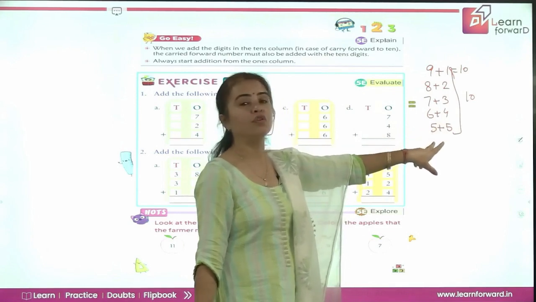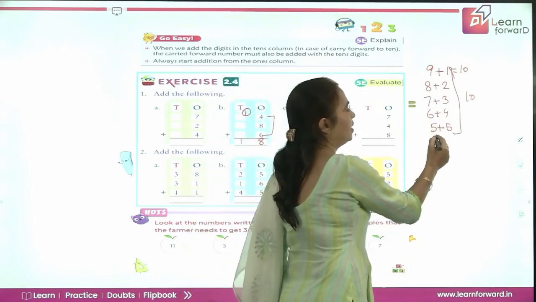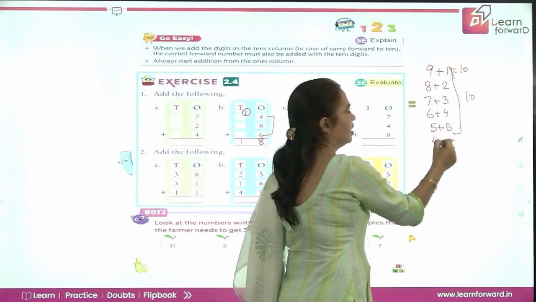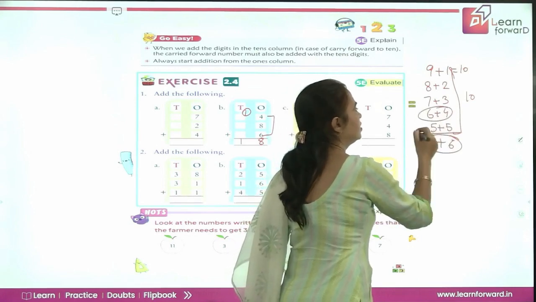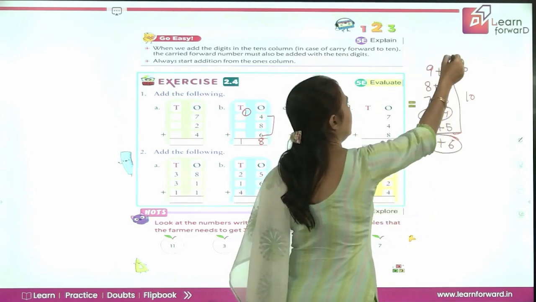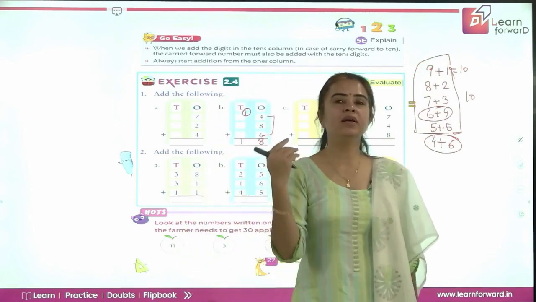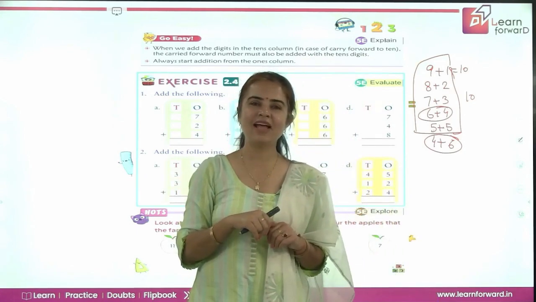Similarly, 6 and 4, 5 and 5. If you go beyond this, 5 becomes 4 and 5 becomes 6. This is the same as 6 plus 4. So we just need to learn only this much. Okay, so 9 and 1, 8 and 2, 5 and 5, 4 and 6, 3 and 7.